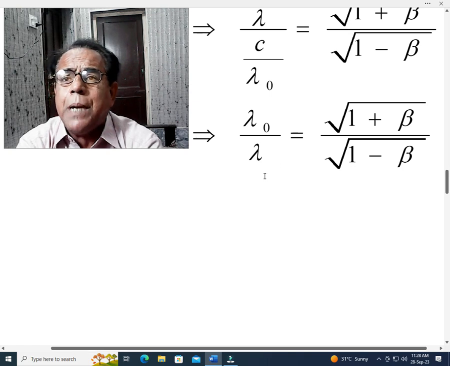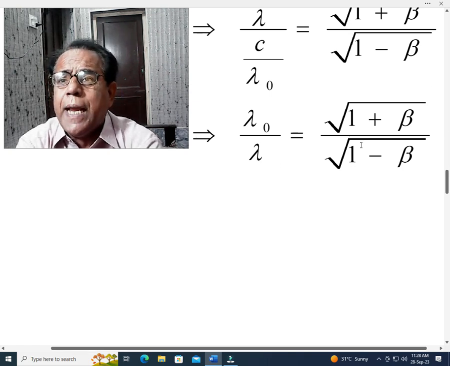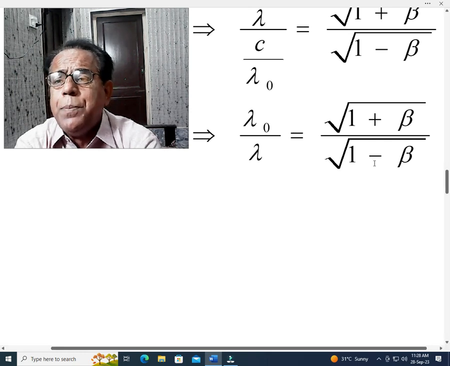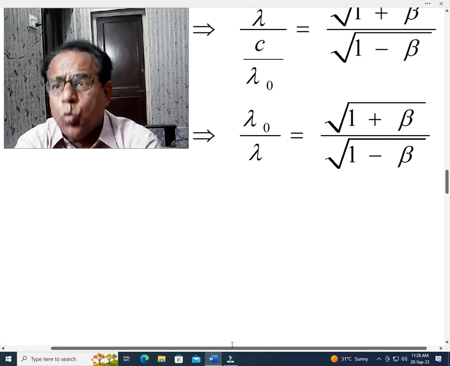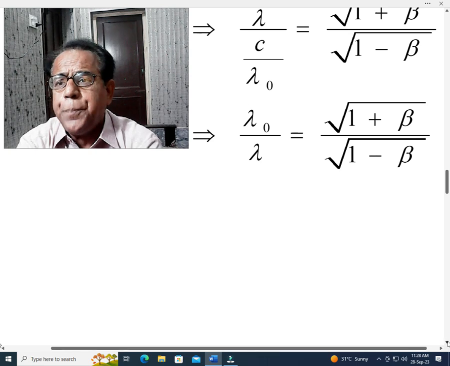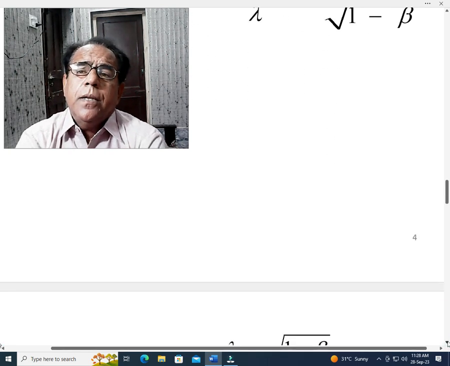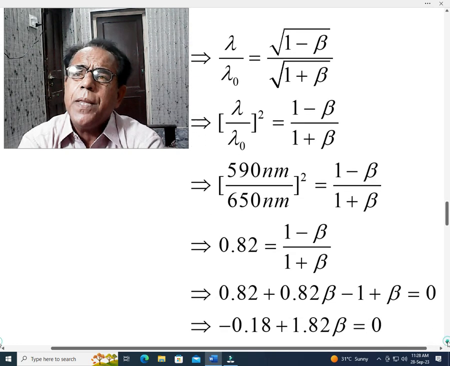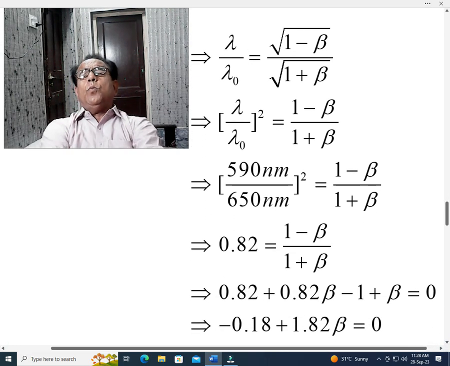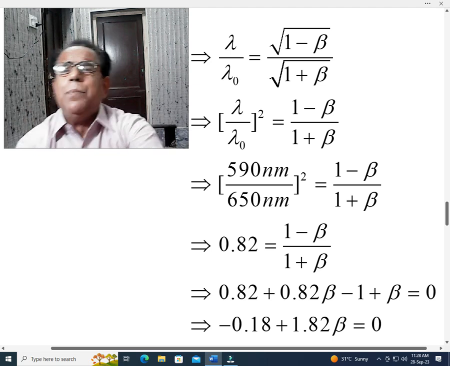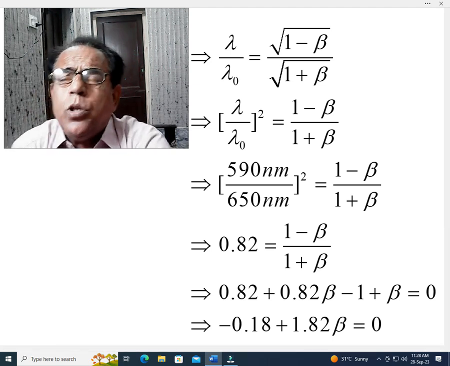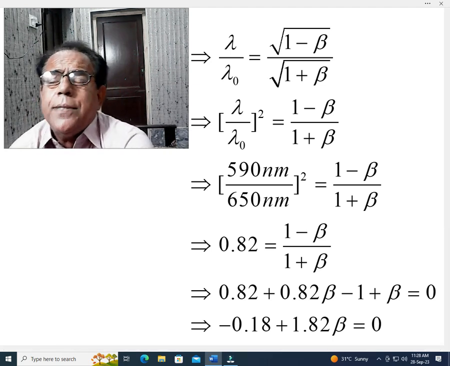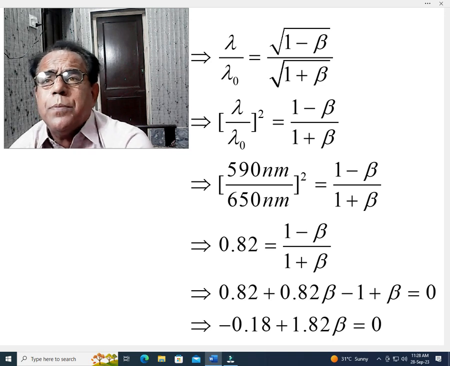It will become lambda over lambda naught on the right side of the equation, and on the left hand side it will become square root of 1 minus beta over square root of 1 plus beta. We can say both of these, either taking the reciprocal on both sides or shifting both sides to the other side of equality. So lambda over lambda naught is equal to square root of 1 minus beta over square root of 1 plus beta.